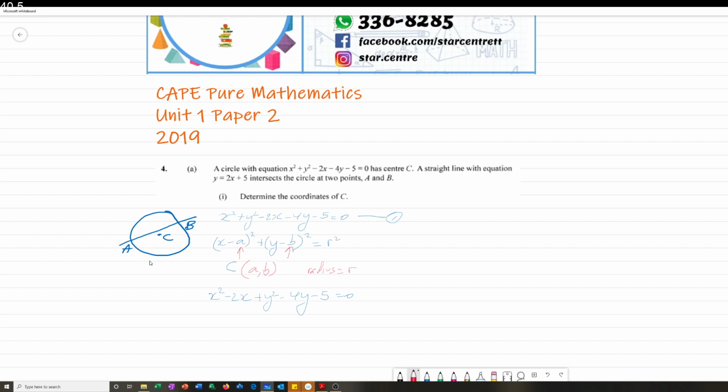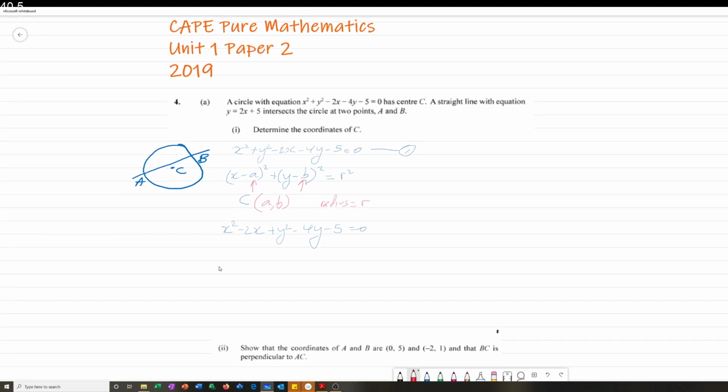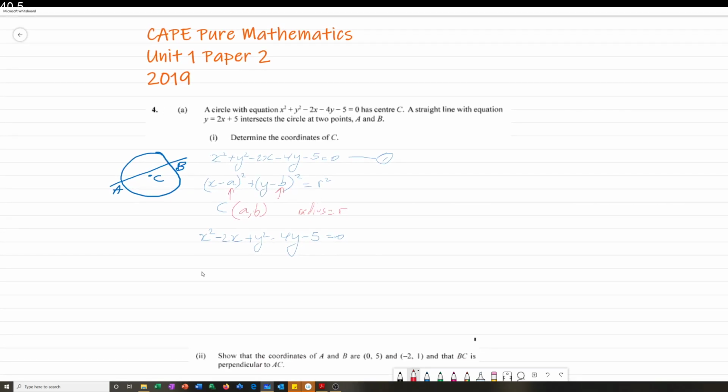Now, looking at this expression, x squared minus 2x looks like a square. If I had x squared minus 2x plus 1, then if you factorize that, you will get x minus 1 squared.